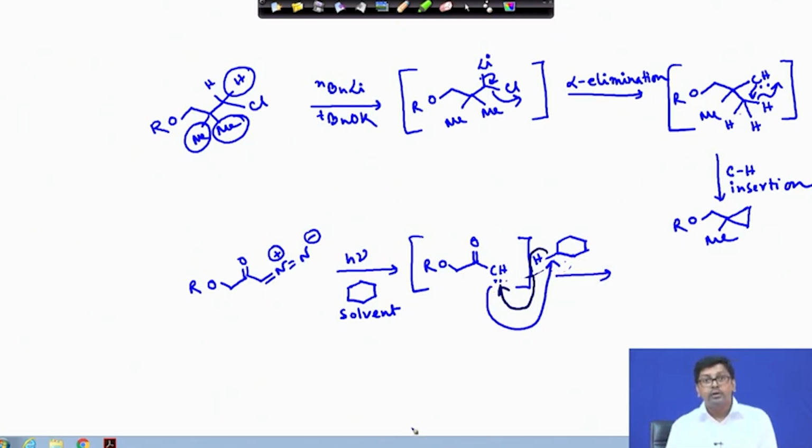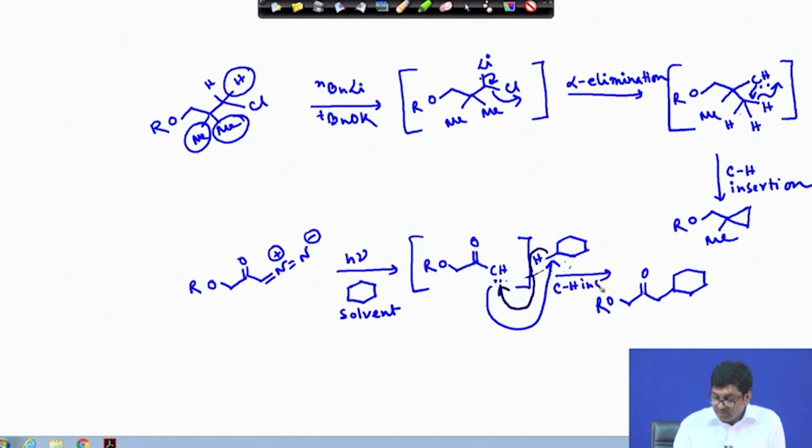So, if this carbene species reacts with the carbon hydrogen bond of cyclohexane, finally the product will be the corresponding inserted product. So, here also CH insertion is happening.